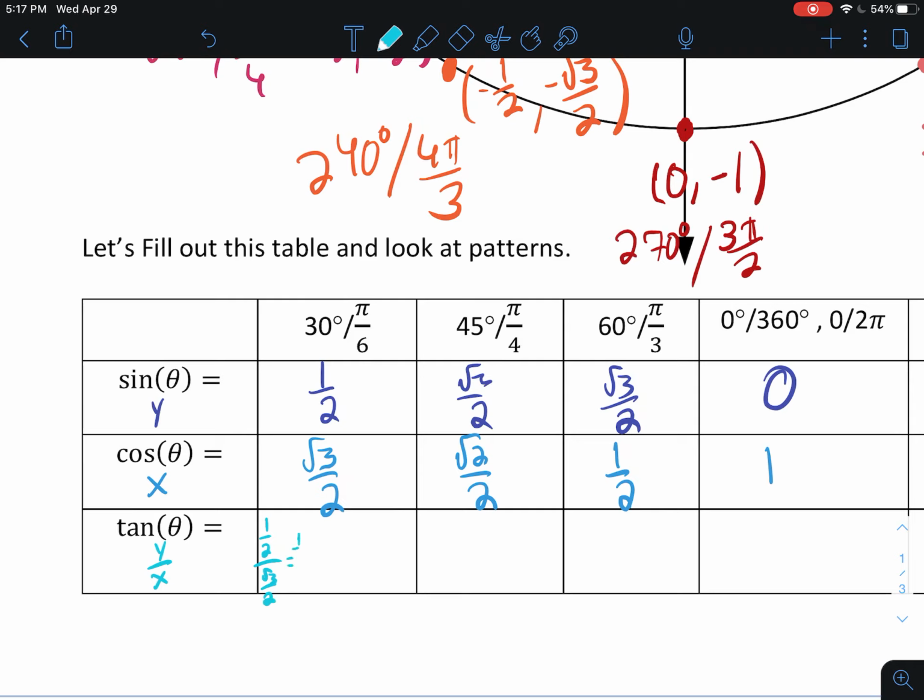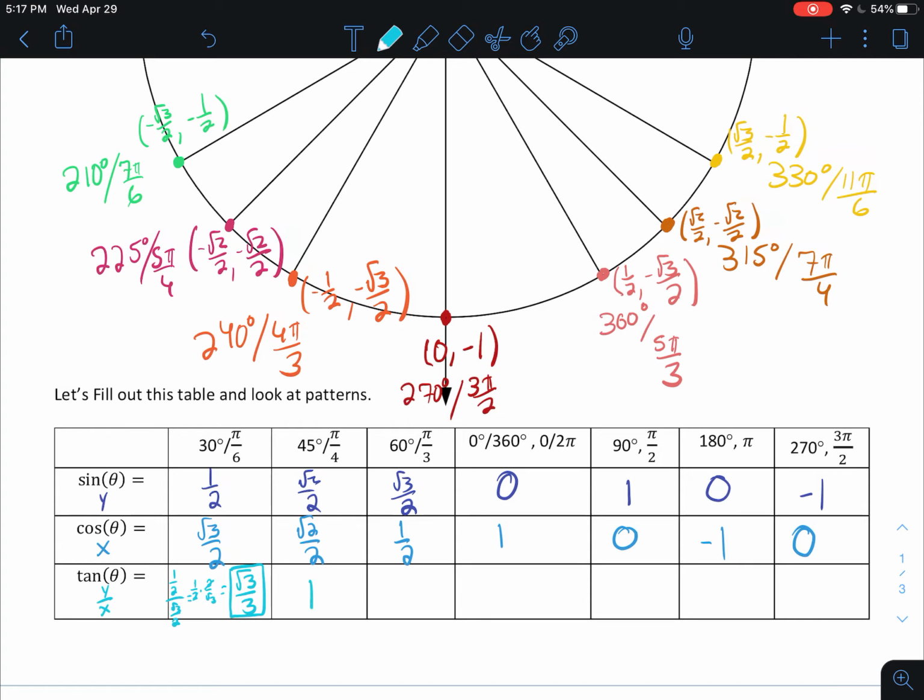That gets converted to 1/2 times 2 over radical 3, which finally ends with radical 3 over 3 once you rationalize the denominator. Tangent of 45 degrees, or pi over 4, is always 1.